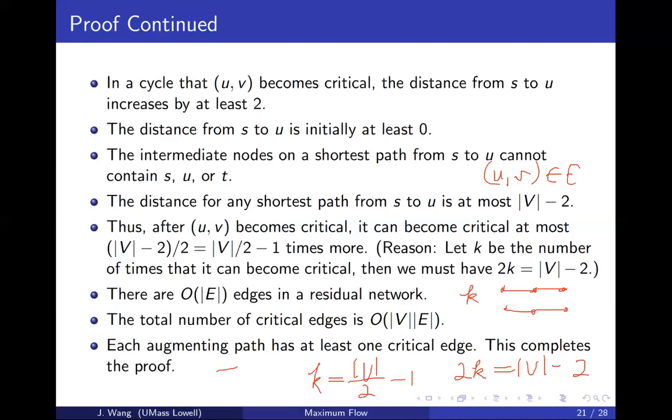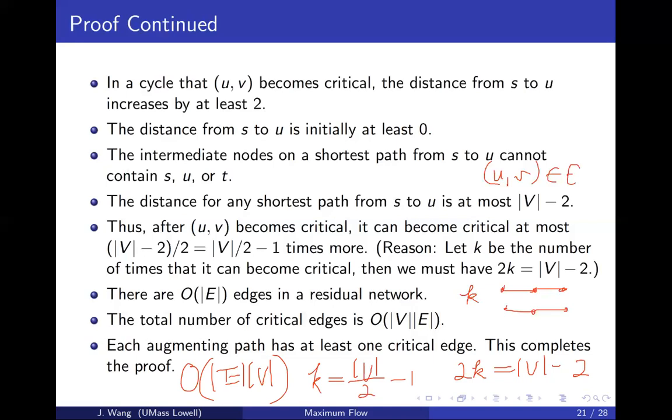So altogether, the total number of times augmentation can occur is E times V over 2, but we just use big O. And finding a shortest path from S to T using either breadth first search or depth first search takes big O of E steps.